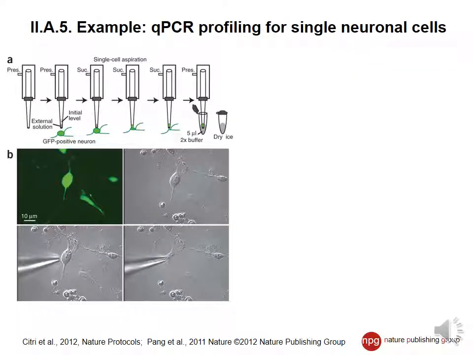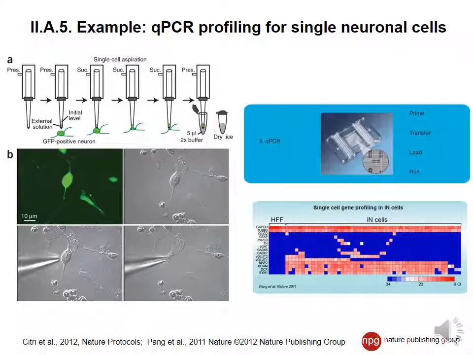So this is an example of how to apply RT-qPCR for the profiling of single neuronal cells in the context of lineage-specific reprogrammed human neuronal cells. What the authors did was isolating single neurons expressing GFP as a marker for reprogramming and doing RNA extraction from every one of these single neurons.